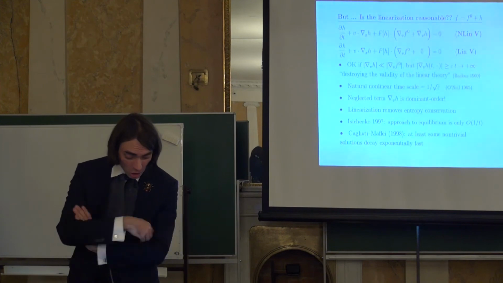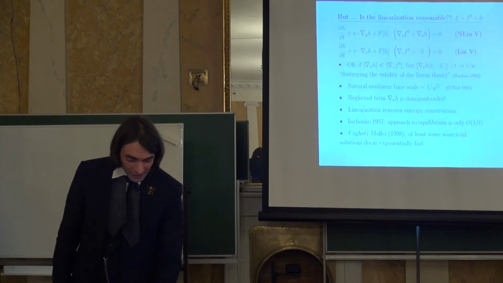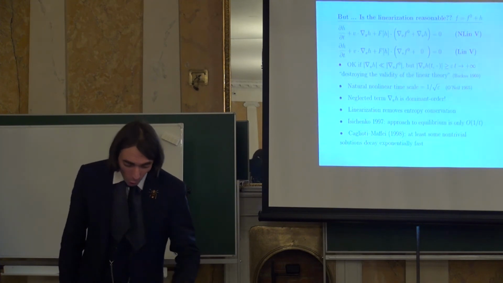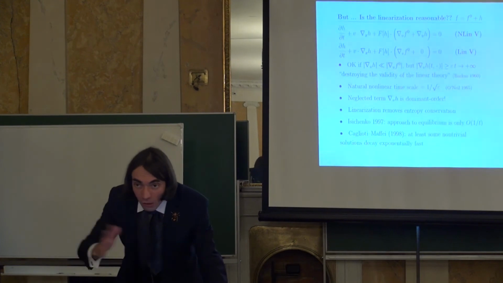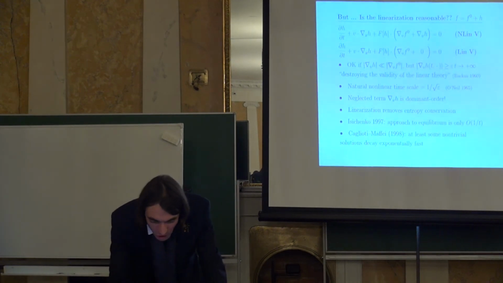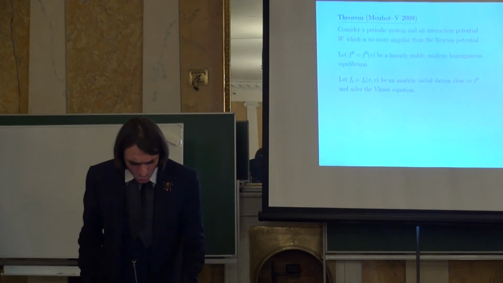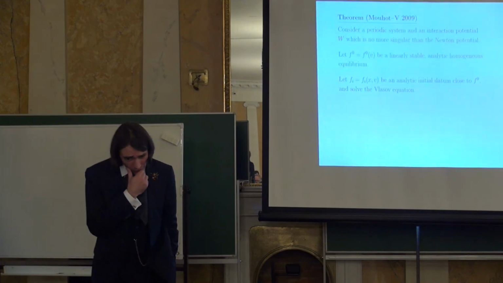In such a situation, in which even on the physics side there is controversy, you can hope that mathematical reasoning will sort out the mess and tell you which is the right answer, at least from the theory. In 2009, with Clément Mouhot, we solved this problem, in a sense.